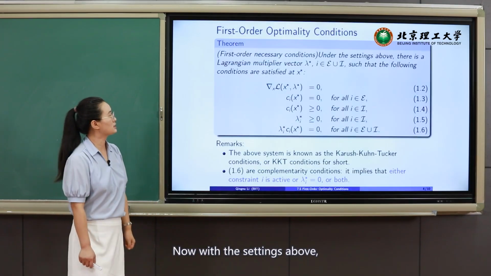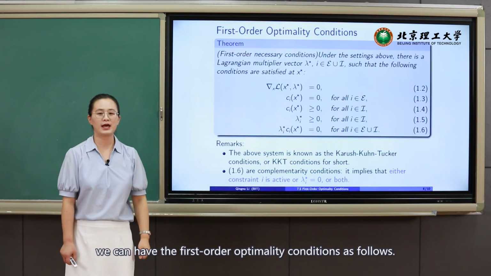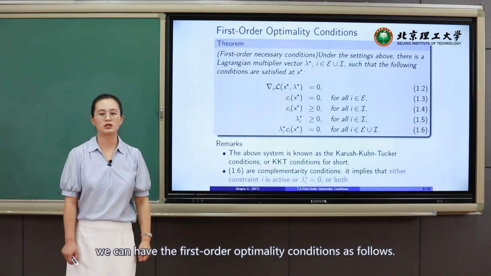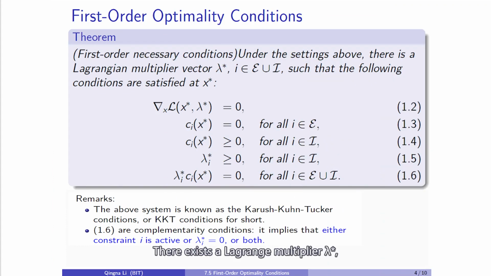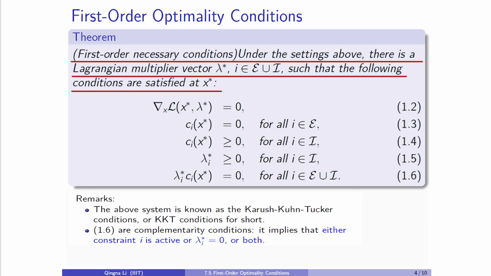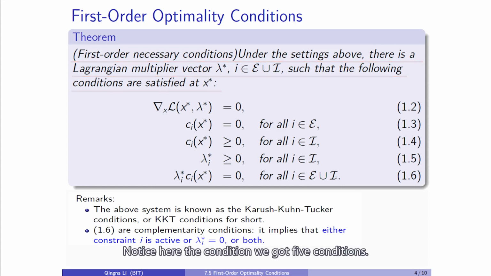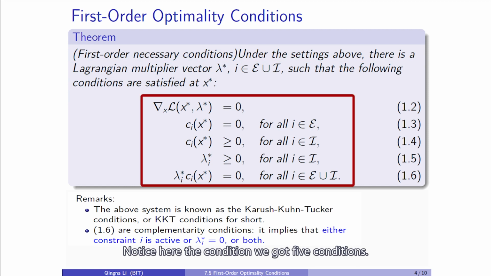Now, with the settings above, we can have the first-order optimality condition as follows. There exists a Lagrange multiplier lambda star such that the following are satisfied. Notice here, we got five conditions, okay?